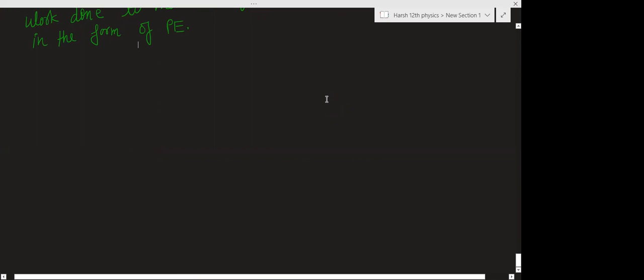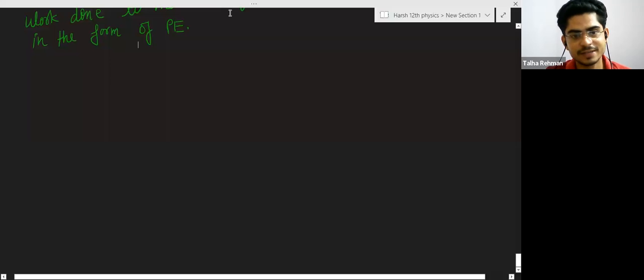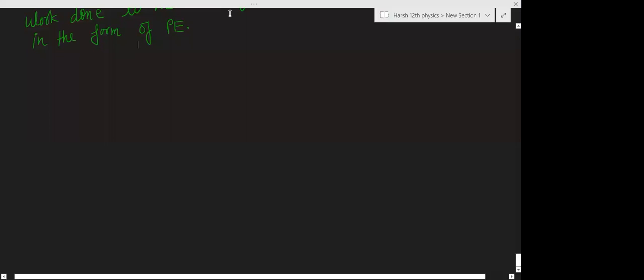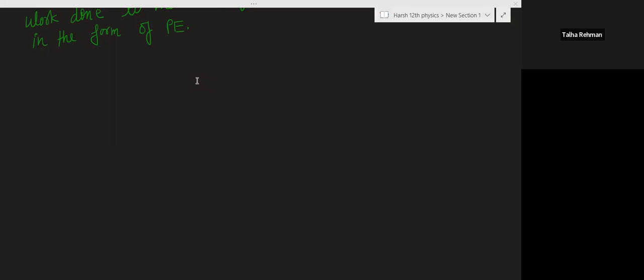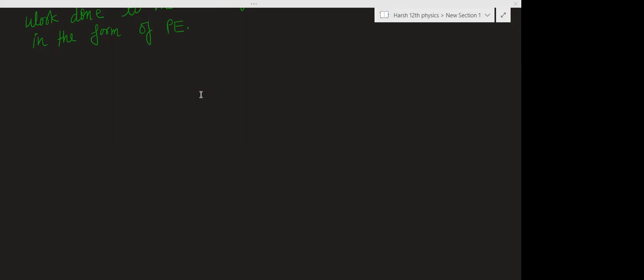In NCERT, what happens in mathematics? When I was in 10th class, the definition confused me.